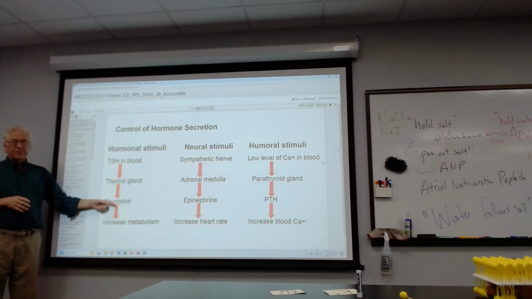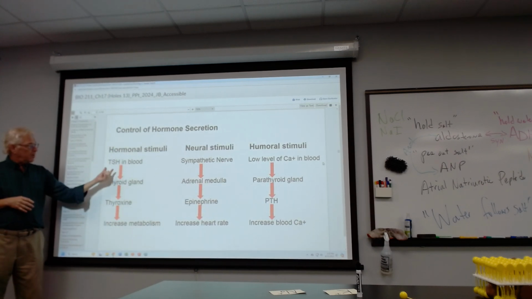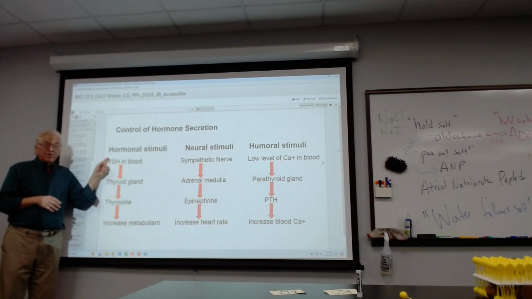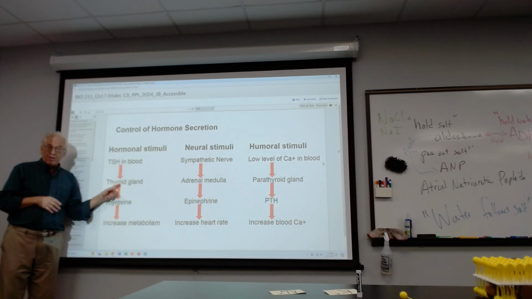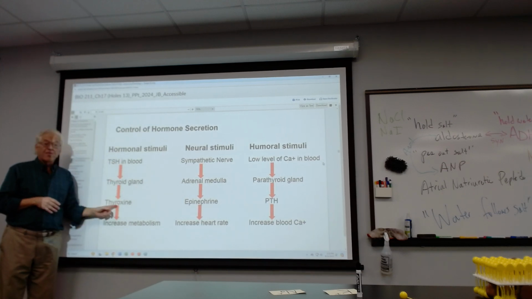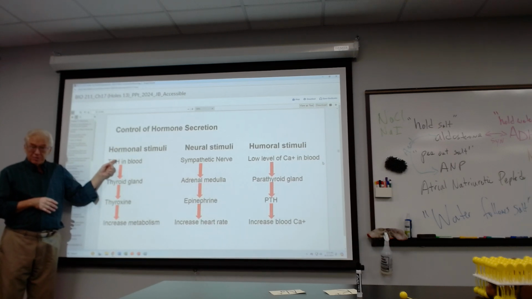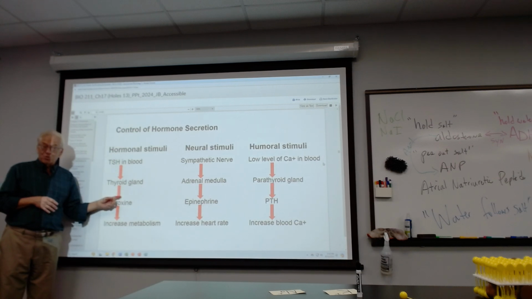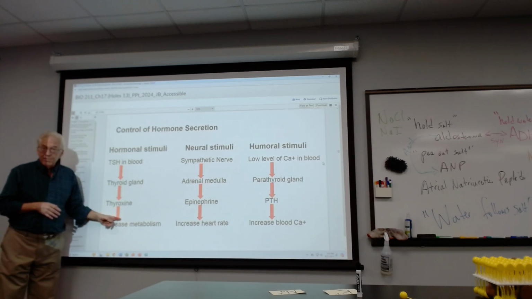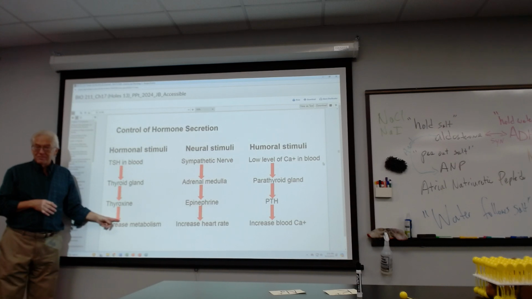Everything else is this: you got your thyroid stimulating hormone from your pituitary, which goes to your thyroid to tell it to make thyroxine. Make sense? You have your ACTH from your pituitary going to your adrenal cortex to tell it to make cortisol, for example. Got it?